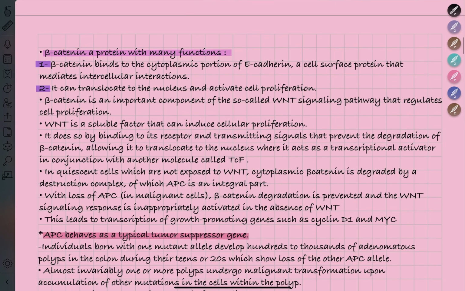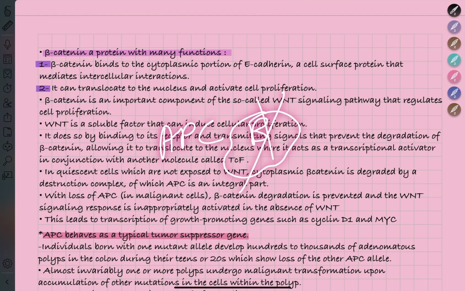WNT is a soluble factor that can induce cellular proliferation. Basically, it's a ligand that binds to a receptor and causes cellular proliferation. Simply put. What happens when the WNT binds to its receptor? It prevents the APC from degrading the beta-catenin.